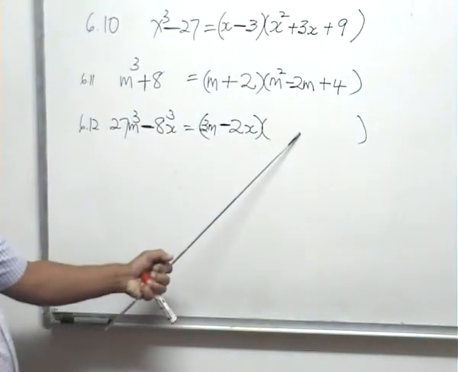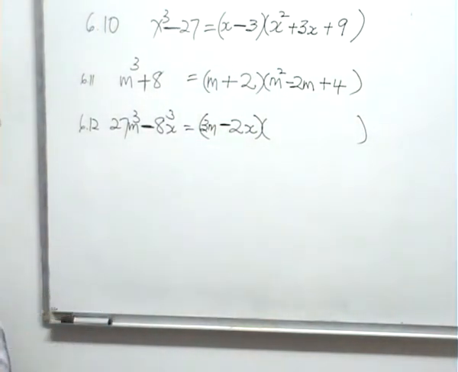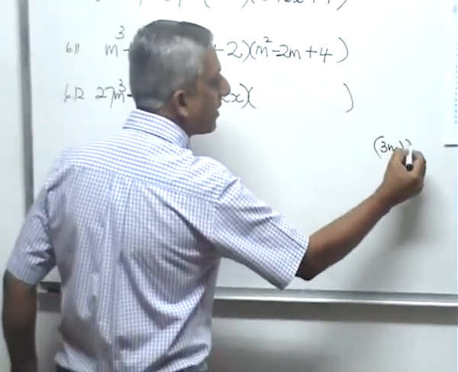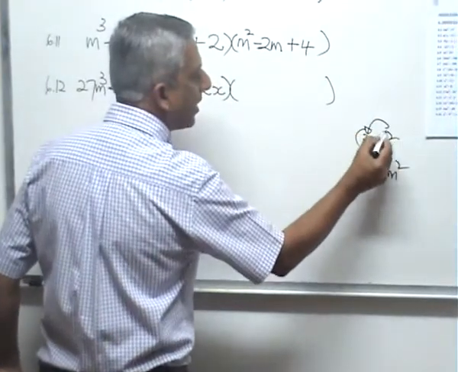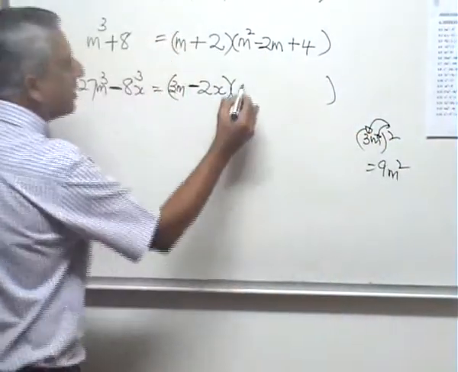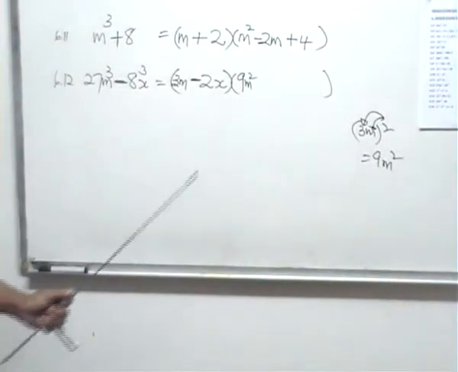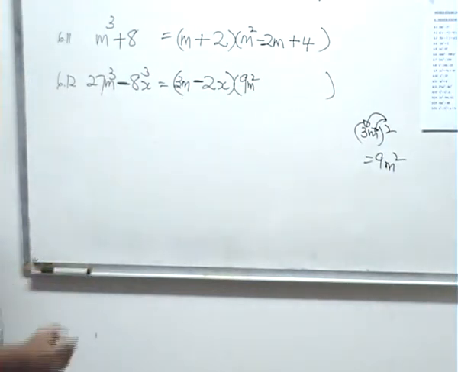Now, in the second bracket, you get your answers from the first bracket. Square 3m. See, you're squaring 3m, so 3m is going to be squared. You're going to end up with 9m squared. Remember, the 3 gets squared and the m gets squared. So it is 9m squared. Then multiply these two, you'll get minus 6mx.